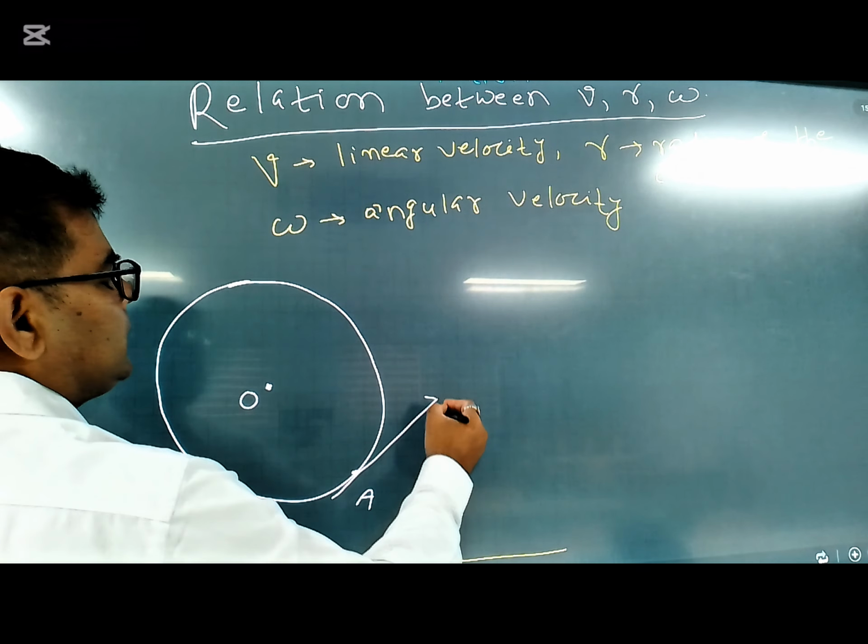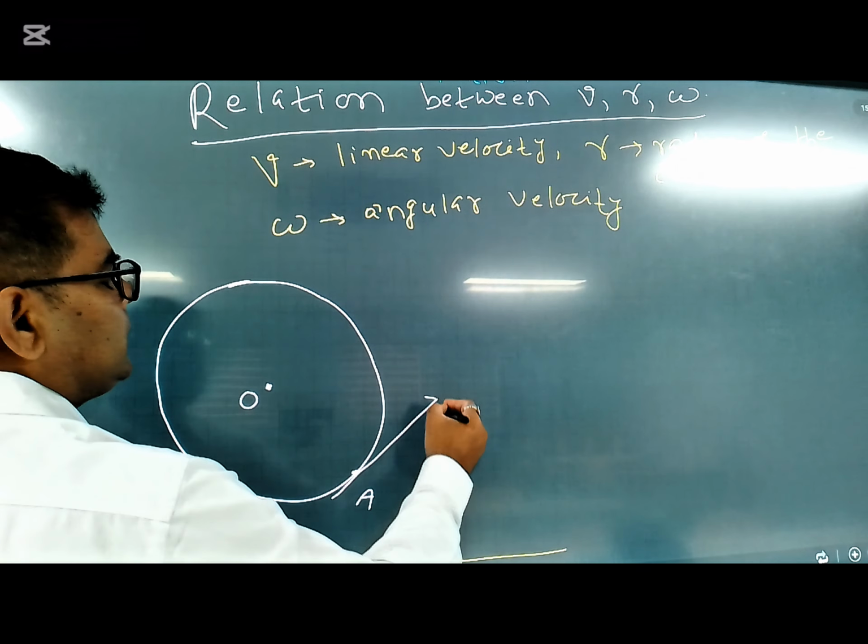After a very small time delta t, the particle is at some position here, and you can call this position B. Its direction will again be tangent at this point. This is the other position of the object moving along this circular path.